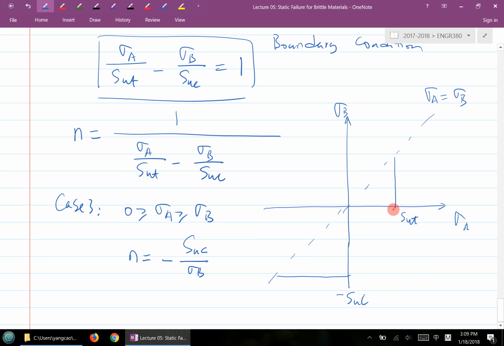In the fourth quadrant, the boundary is this line here, corresponding to that red line here. Then you can finish the rest of the drawing by mirroring it. So overall, you get a hexagon type of plot right here.